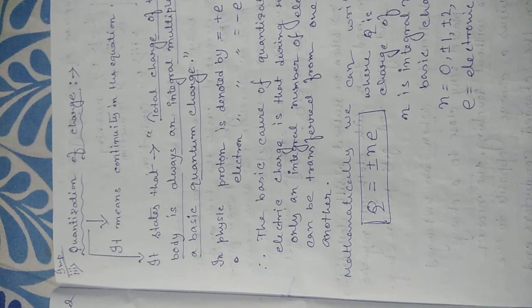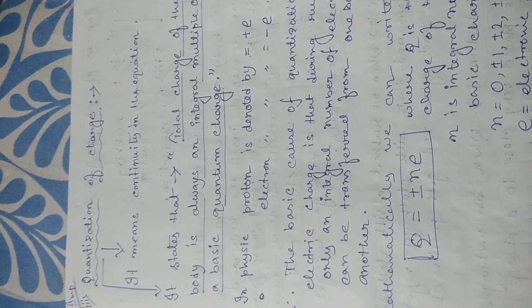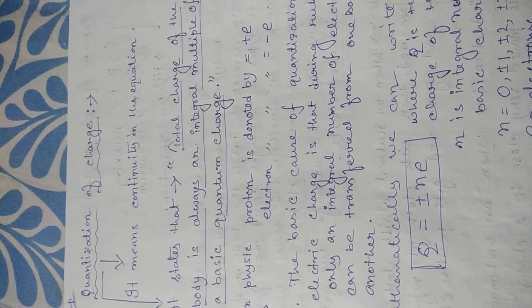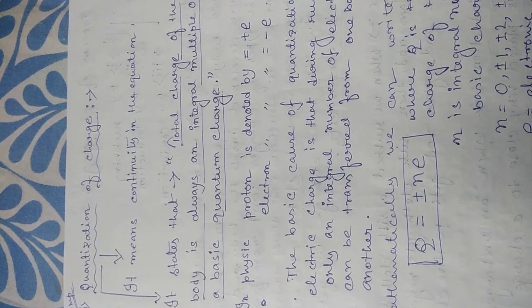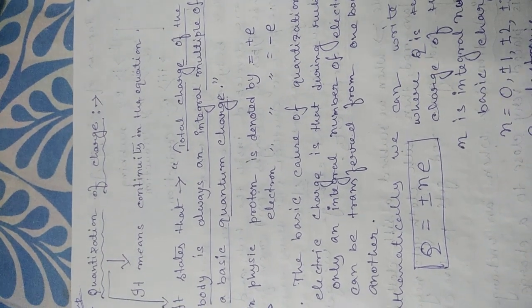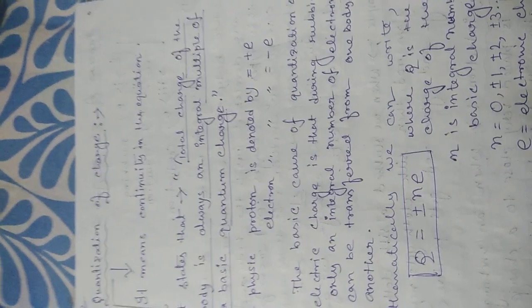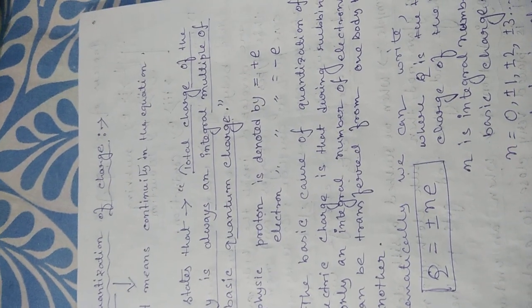Okay. Now the third property is quantization of electric charge. Quantization simply means the opposite of continuity. If in any equation continuity is not present, then we say that it is a quantized equation. So how do we state that property?